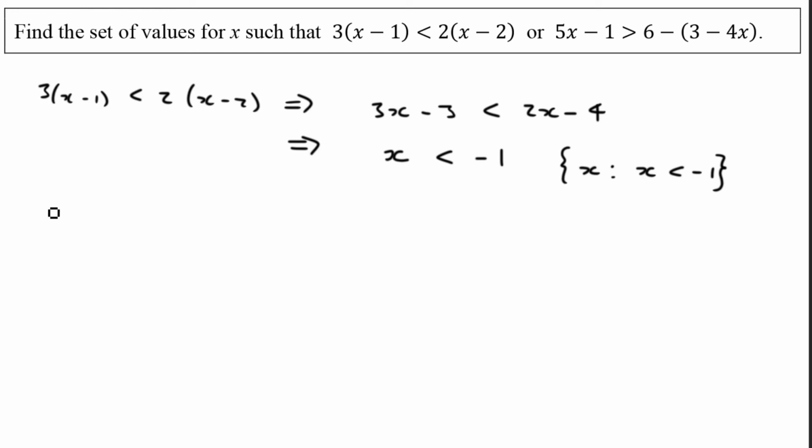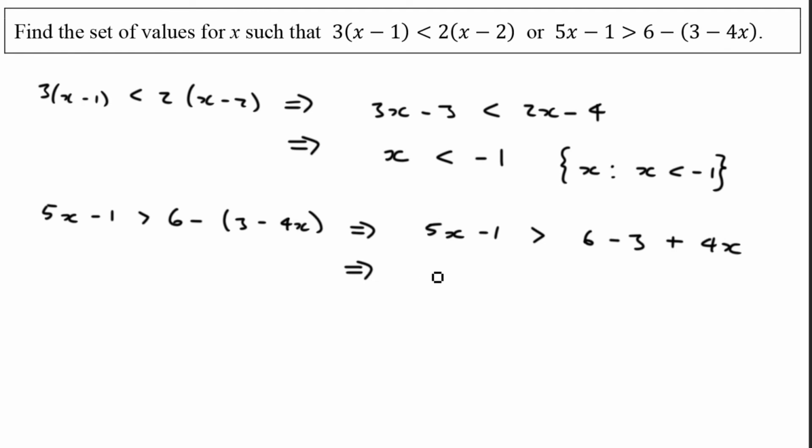The other inequality, 5x subtract 1 is greater than 6 subtract 3 subtract 4x. We'll have to be a little careful with our expansion here. The left-hand side is already fine, but if we expand this, we'll have 6 subtract 3 plus 4x.